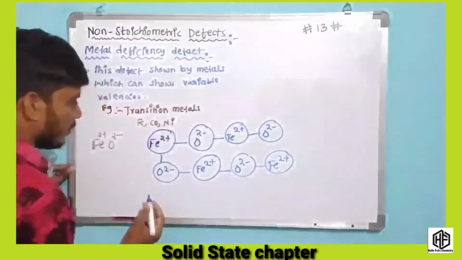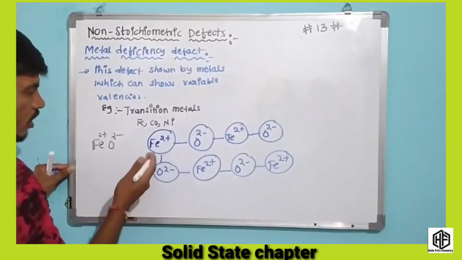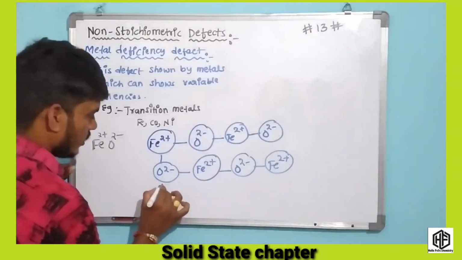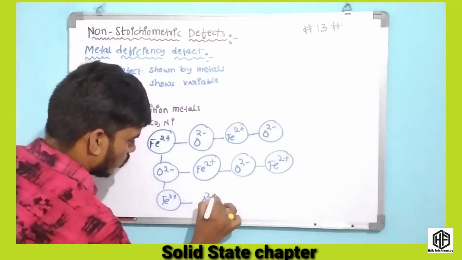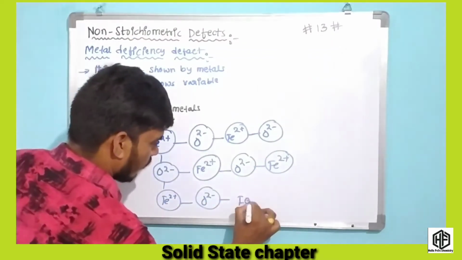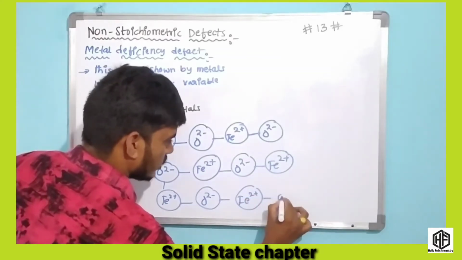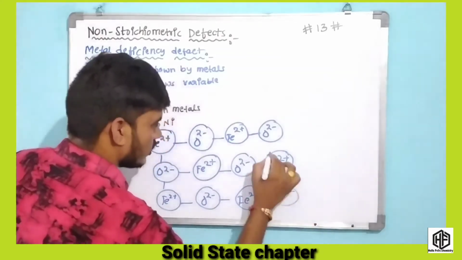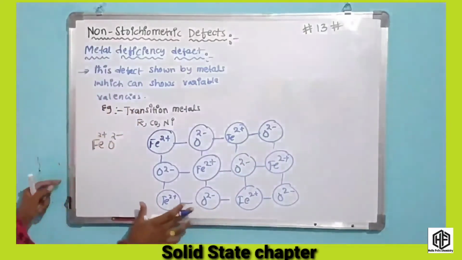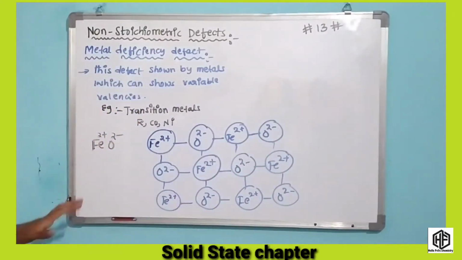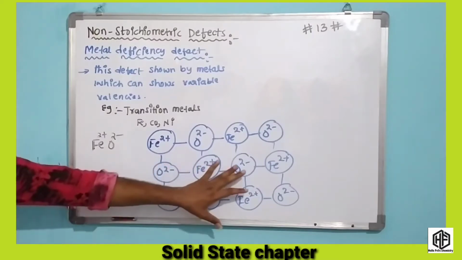This kind of arrangement is present in the ferrous oxide crystal lattice. This is Fe 2+ and this is O 2-. Okay friends, this is the crystal lattice arrangement of FeO.